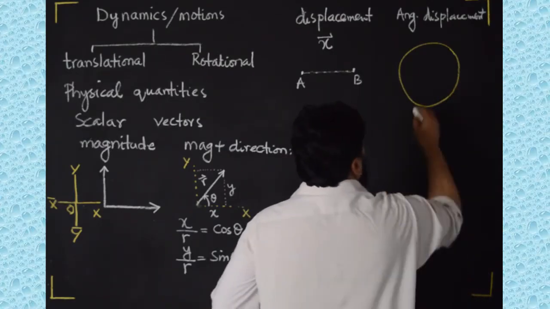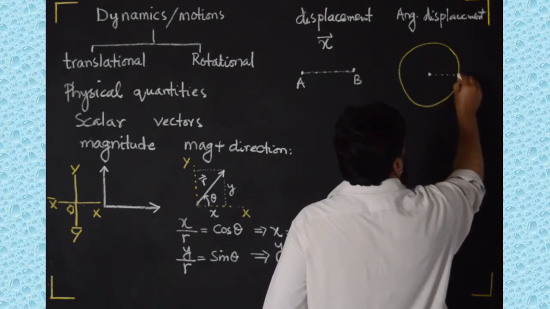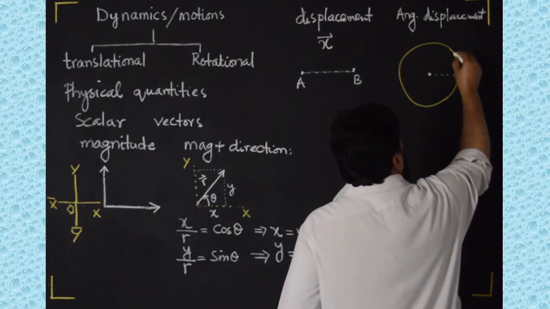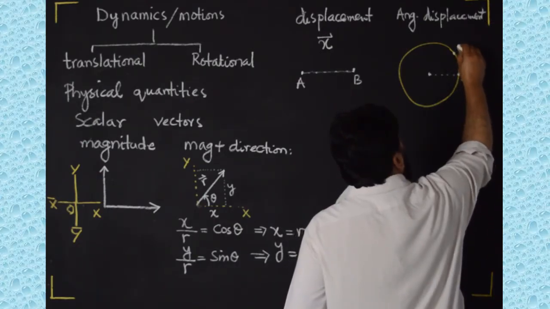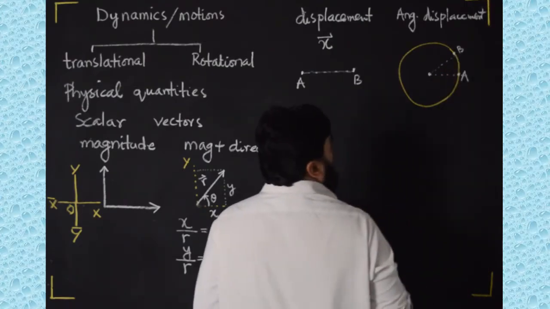In this circle, let's say a body is first at this point, point A, and now the body has moved to this point, point B. Now its location is this one.